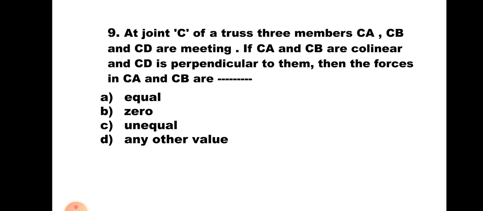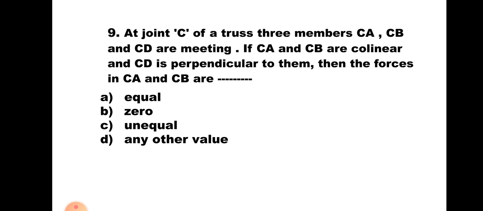Question number 9. At joint C of a truss, three members CA, CB and CD are meeting. If CA and CB are collinear and CD is perpendicular to them, then the forces in CA and CB are. Again, three members are meeting. The options are A, equal; B, 0; C, unequal; and D, any other value.